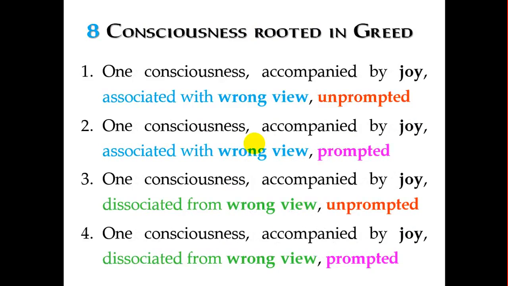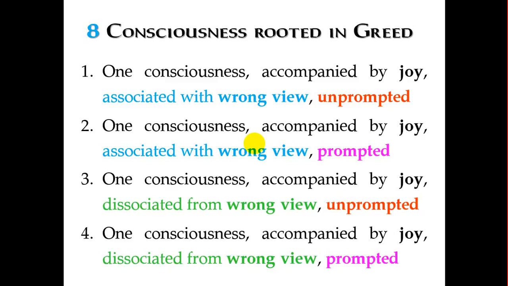Among the 8 cittas rooted in greed, we have 4 unprompted cittas. The first unprompted citta is associated with 90: 30 common to the others, 4 unwholesome universals, wrong view and greed, 90, right?